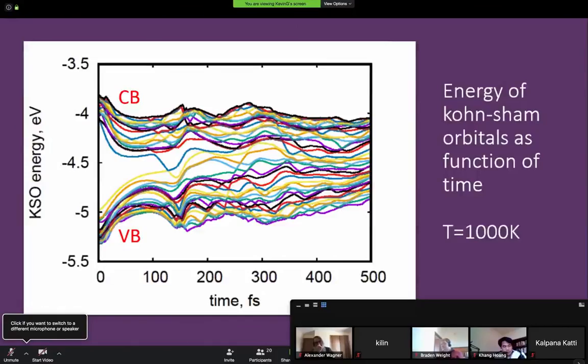So by applying the chain rule, we know that the energy is dependent on the nucleus's position. That's why we see here that the band gap is changing with time.